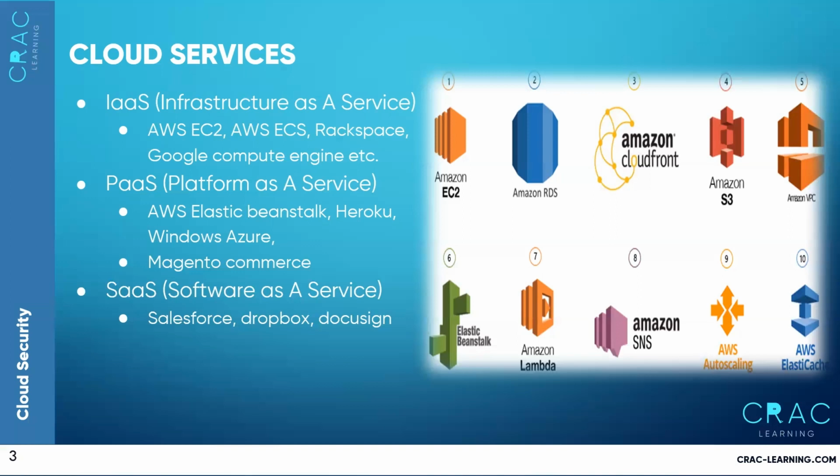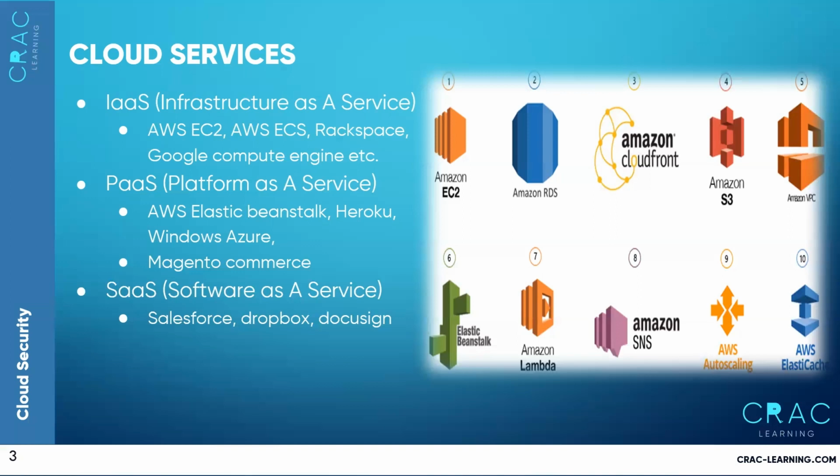The third category which we are going to talk about is software as a service, in which a cloud provider hosts applications and makes them available to end users over the cloud. For example, you have seen Salesforce provides customer relationship management software and applications focused on sales, customer service, marketing automation, e-commerce, analytics, and application development, giving us the best of software in order to handle multiple tasks for our organization and clients.